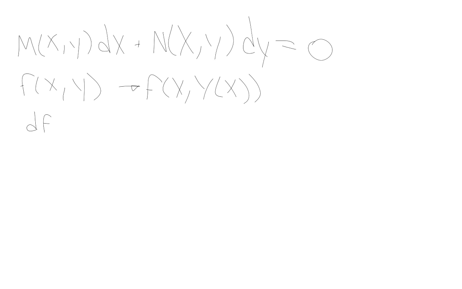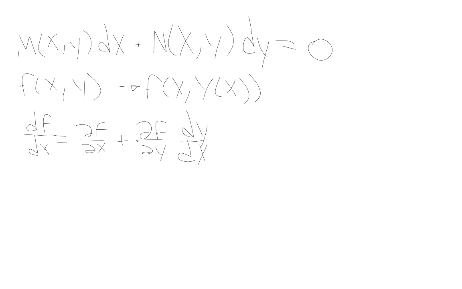I could say that df dx equals partial f with respect to x plus partial f with respect to y dy dx. That's the chain rule right there, plus implicit differentiation.